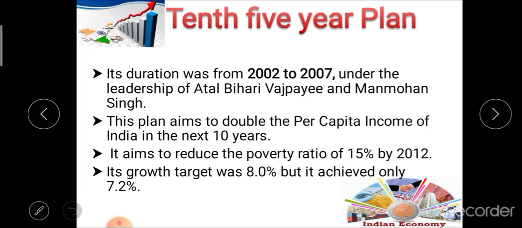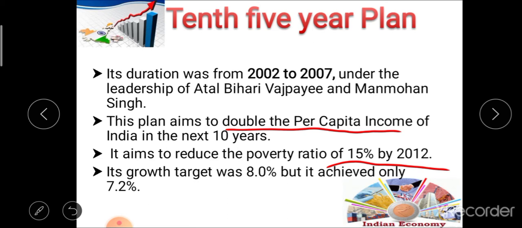The duration of the tenth 5-year plan was 2002 to 2007 under the leadership of Atal Bihari Vajpayee and Manmohan Singh. The main aim of this plan was to double the per capita income of India in the next 10 years and to reduce the poverty ratio up to 15% by 2012.